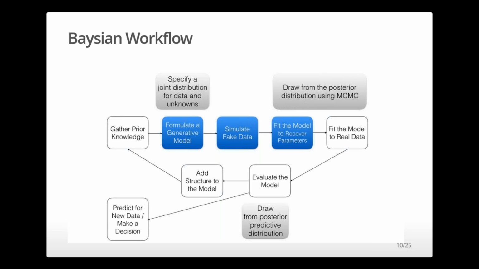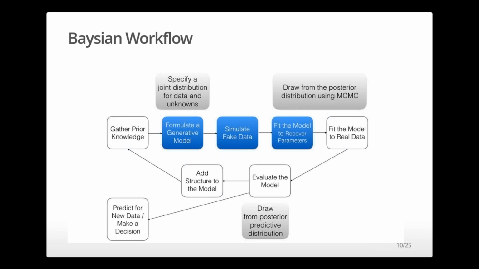And a generative model is one that you can simulate data from. This is a very important step for everyone, but not everyone takes the time to go through this process of simulating data and then fitting the model on the simulated data to verify that the software is working appropriately, that you can recover the parameters with sufficient accuracy, etc.